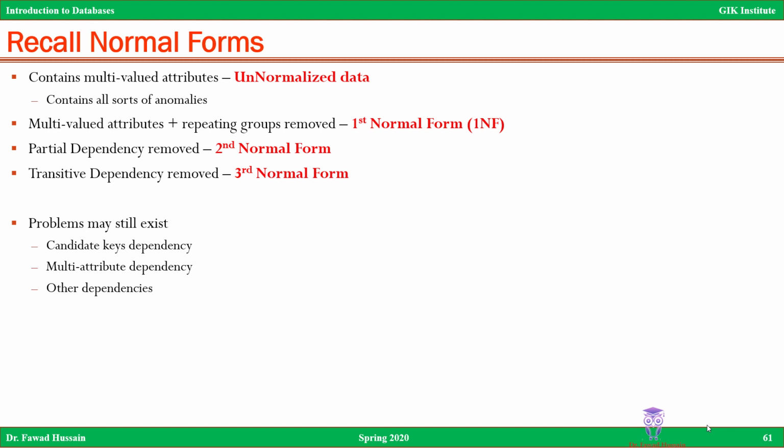So when we say that the schema or the design is in the first normal form, it means that every single table that belongs to that schema must conform to the rules of the first normal form. So when you remove the multi-valued attributes and you remove the repeating groups, you arrive at the first normal form.